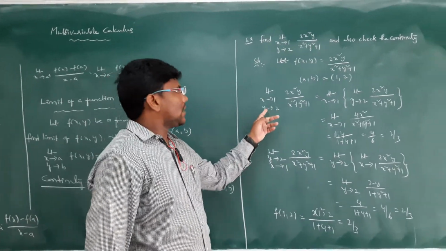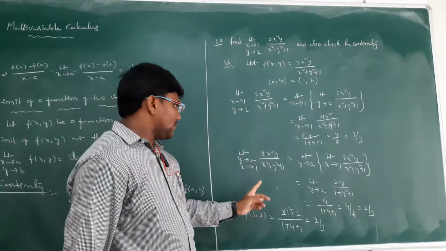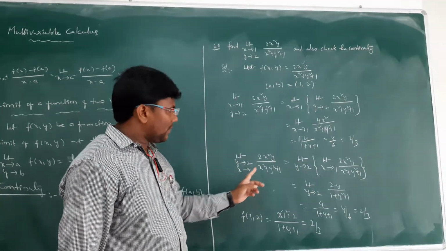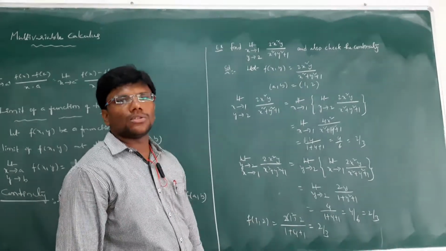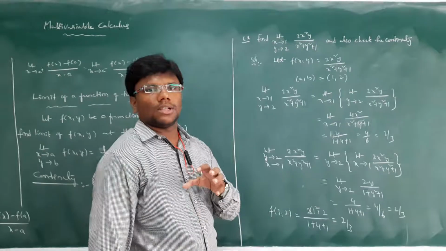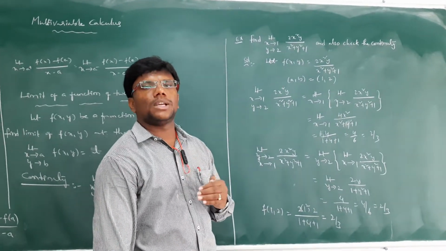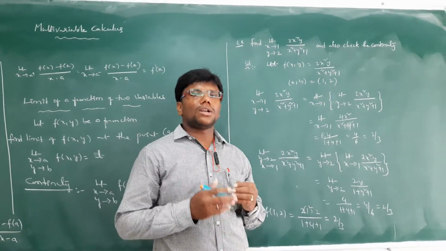Limit x tends to 1, y tends to 2, f of x comma y is equal to limit y tends to 2, x tends to 1, f of x comma y, and it is equal to f of 1 comma 2. The three values are equal, therefore the function f of x comma y is said to be continuous function at the point 1 comma 2.